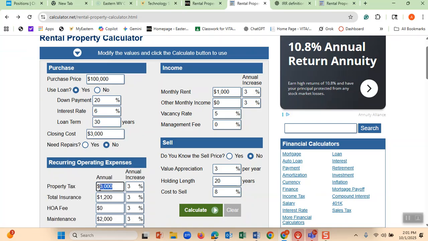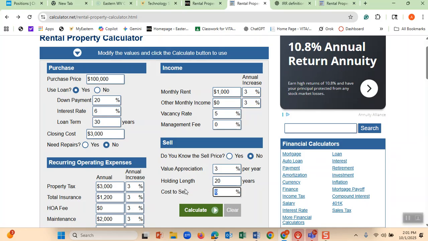Property taxes maybe $1,500, but with an annual increase, which is fine, your house value has to go up too, say by 3%, and you want to sell the house after 20 years, and your closing cost most likely will be 5%, 8% would be reasonable.